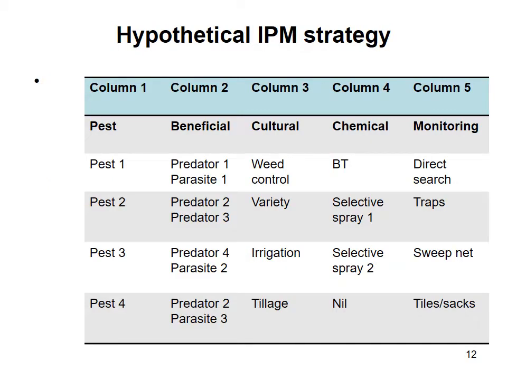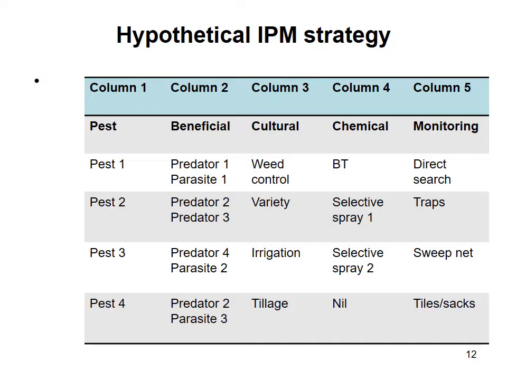This table presents a very simple means of summarising an IPM strategy for any crop or pasture anywhere. And this enables you to identify what actions will be required and what information is lacking. So have a good look at the information presented in this table. We have our known pests listed in column 1, any beneficial predators or parasites, known cultural controls, chemical controls, and then methods of monitoring.